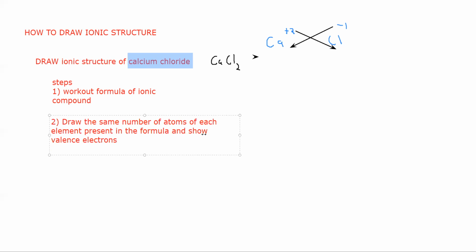So according to this formula, I have 1 calcium and 2 chlorides. So what I have to do, I have to draw 1 calcium and 2 chlorides.